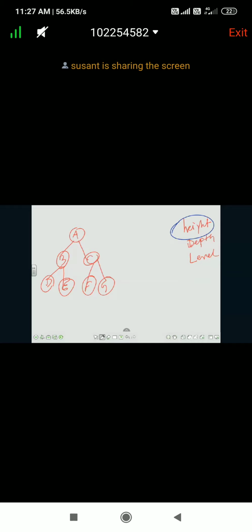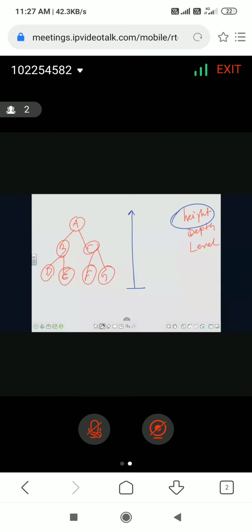Height of the tree is measured from the leaf nodes towards the root node.